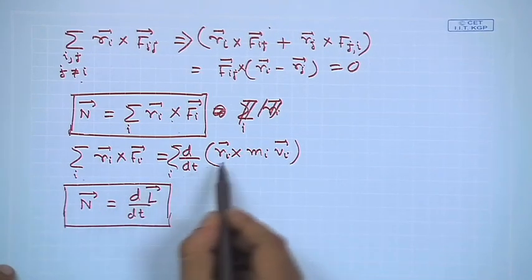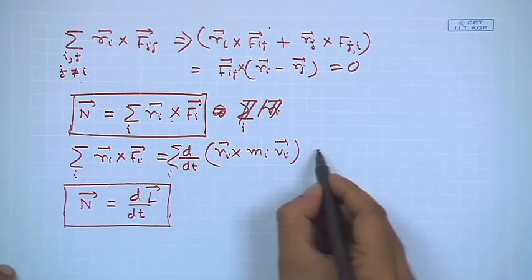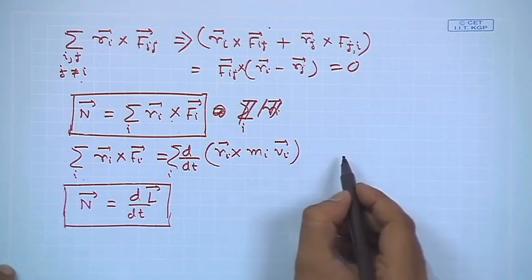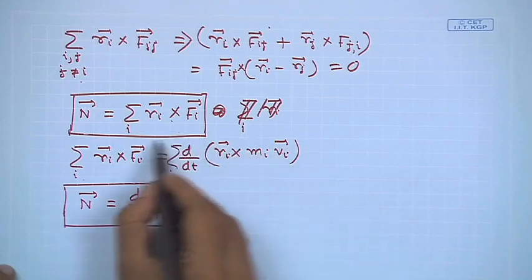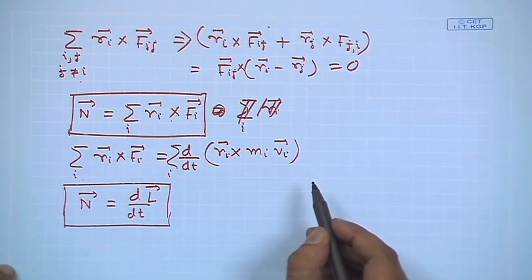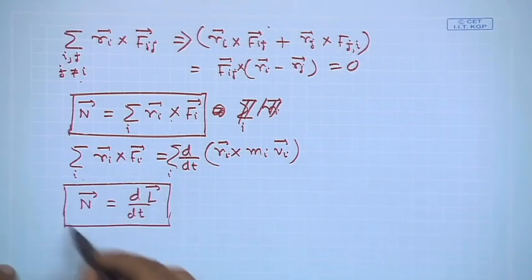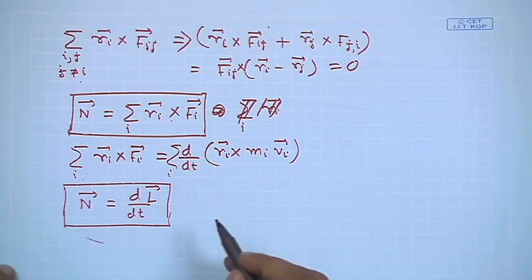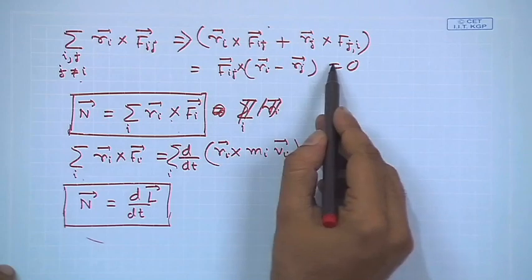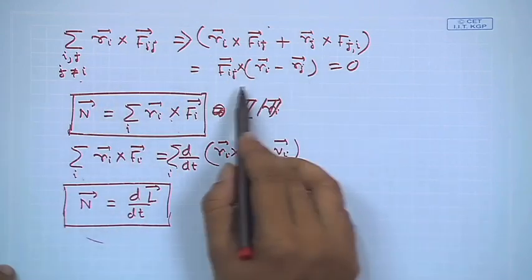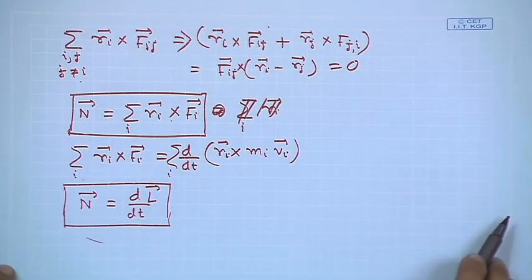So the relation which we knew to be true for one individual particle holds true for the entire system of particles as well, and this is primarily because the entire torque due to internal forces vanishes. So this is one important relation.